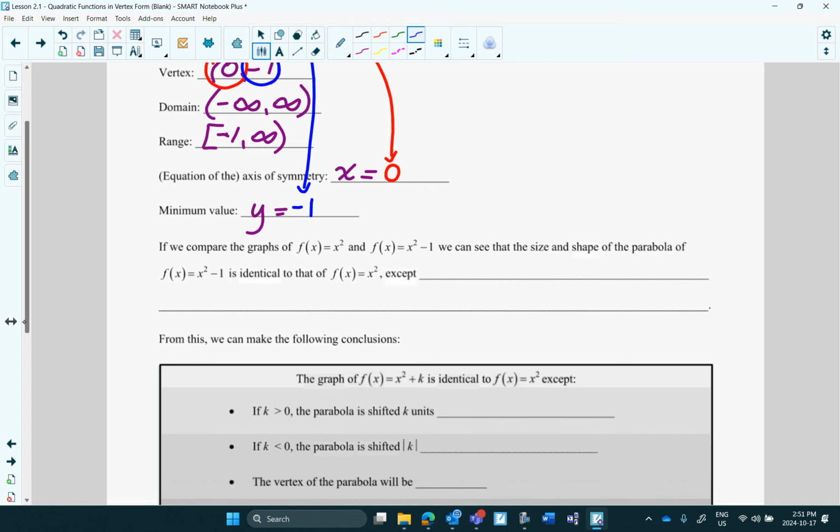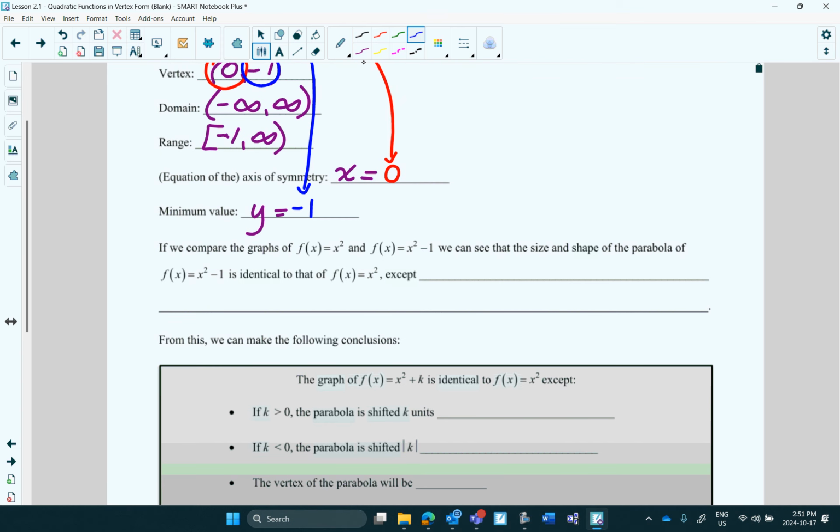And I've really talked about this, right? But we can see the size and the shape of the parabola of x squared and x squared minus 1 were the same.